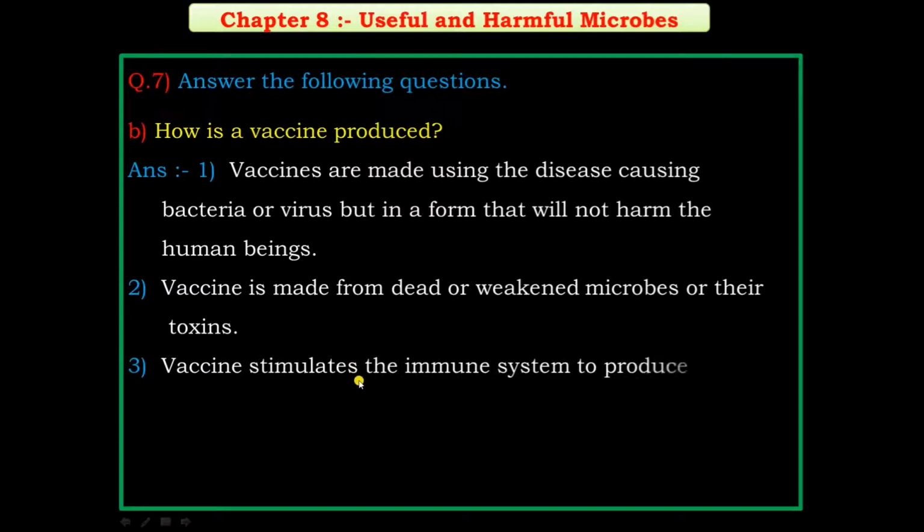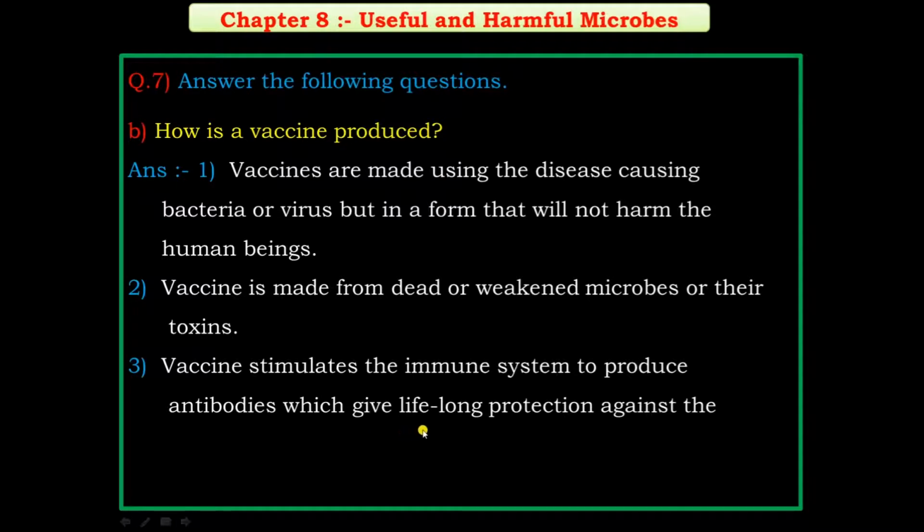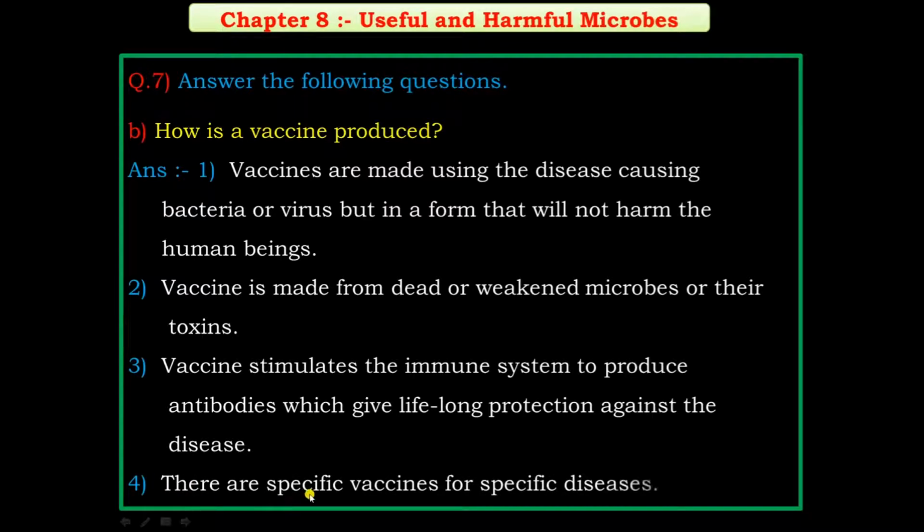Vaccine stimulates the immune system to produce antibodies which give lifelong protection against the disease. Point number 4. There are specific vaccines for specific diseases.